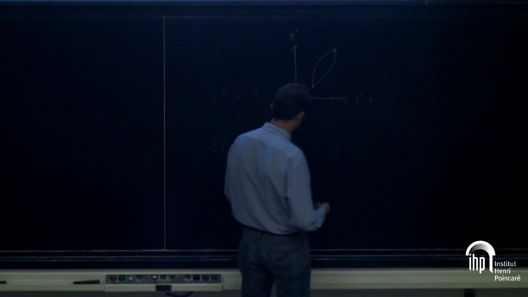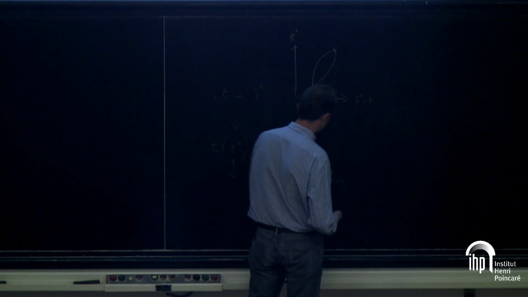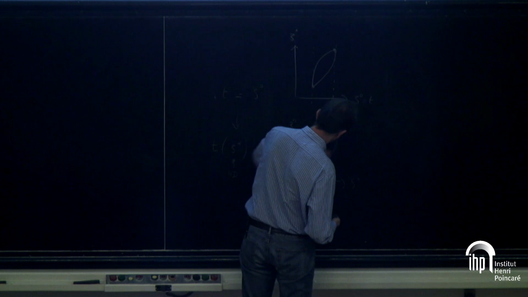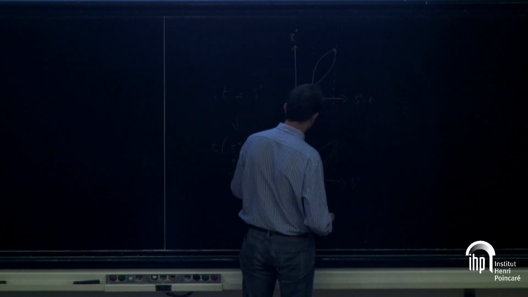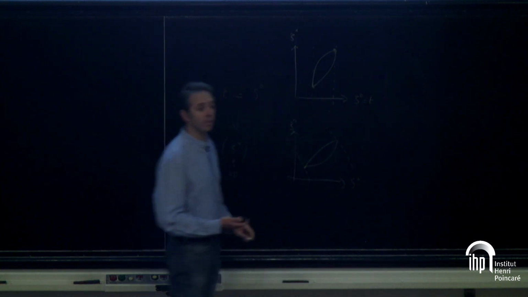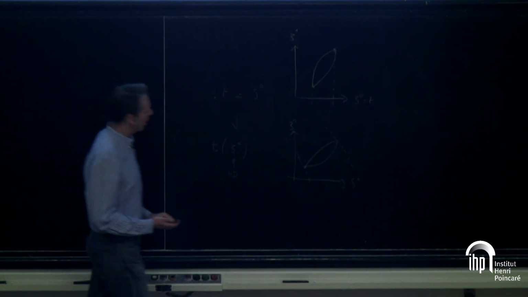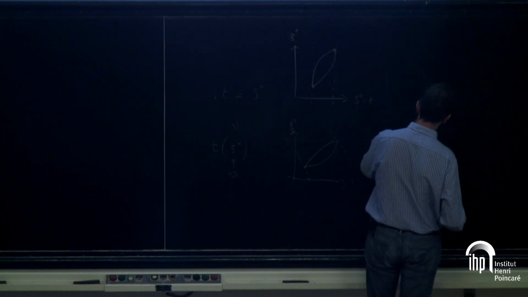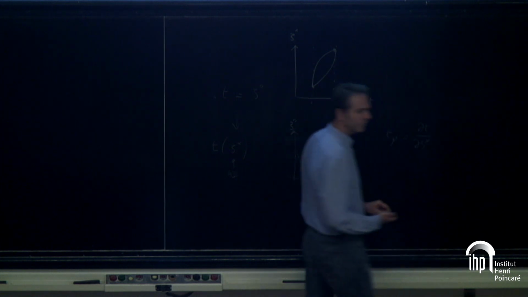Now, if I change coordinates, now x^0 is not time anymore, so maybe my world lines look like this, but I still have something which depends on coordinates, which is time. Okay? And so T_mu is just the derivative of t with respect to x^mu. Okay?